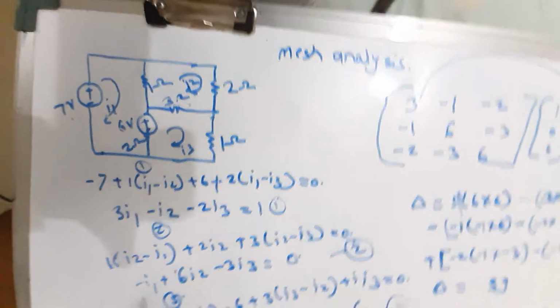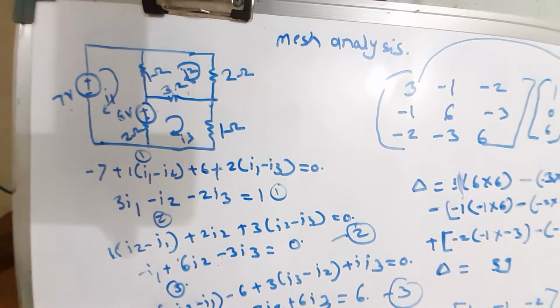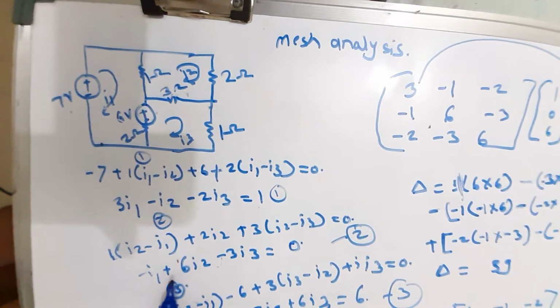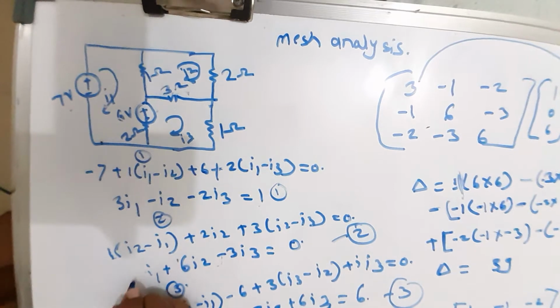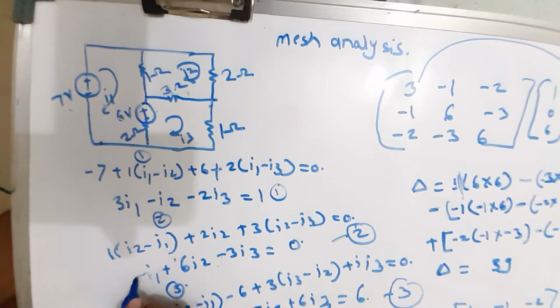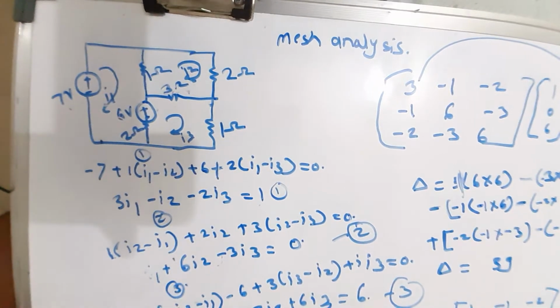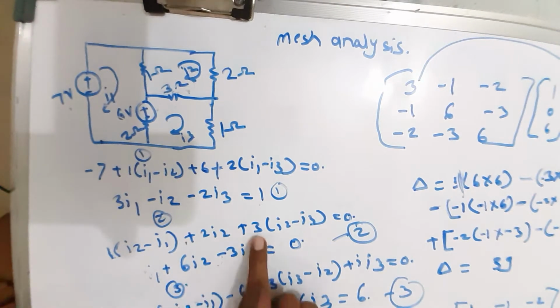So we will solve it here. We write the equation in terms of I1, I2, I3. Here there is no I1 term so it is minus I1, plus I2: 2, 3 plus 2 is 5, plus 1 is 6 I2, then minus 3 I3, that must be equal to 0.